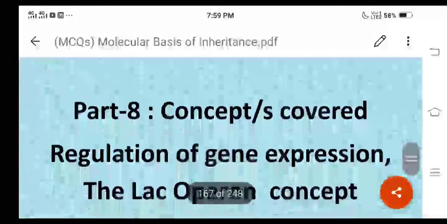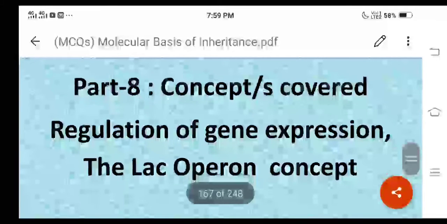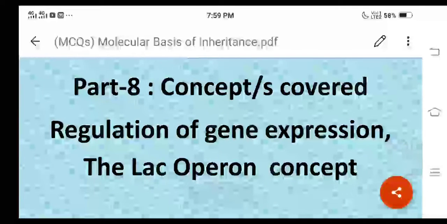It is part 8. What are the different concepts covered here? One is the regulation of gene expression. The important concept is regulation of gene expression, and under this heading we are going to study the lac operon concept.